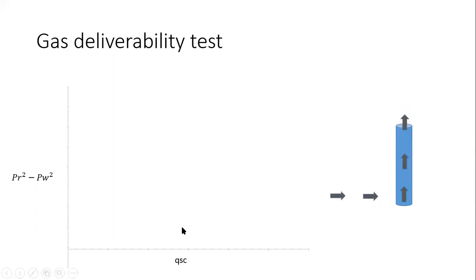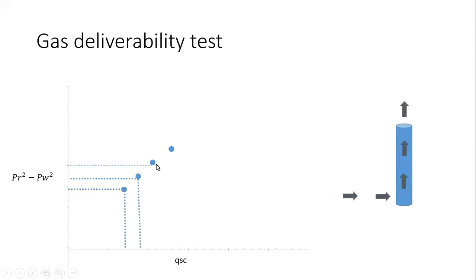Let us take four different flow rates with respect to these pressure differences. Randomly, we have collected four different flow rates. You can see these blue ovals are all different flow rates that have been calculated on the graph.